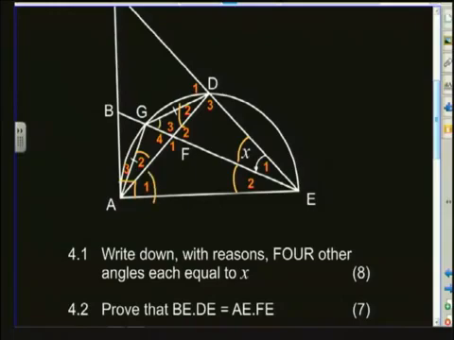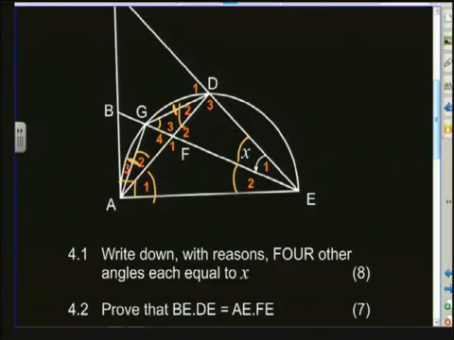Okay, angles in the same segment. We also have been given that GD is equal to GA. Okay, so those were equal chords. So I'm also going to need to think, what does equal chords tell me? And there's a theorem that states that equal chords subtend equal angles.